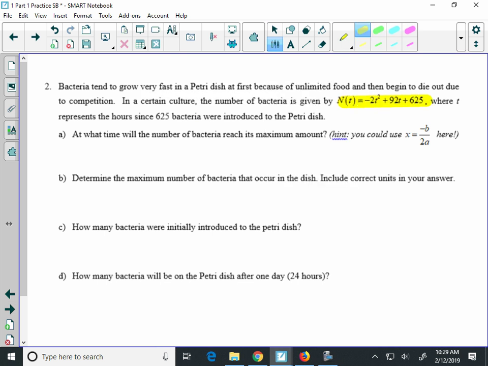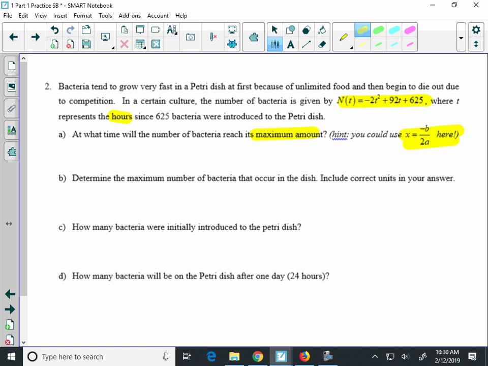This T is the number of hours since you start, and N is the number of bacteria. So it says, at what time will the bacteria reach the maximum? Remember, this lesson, part 1, is all algebraic. So we're going to use this formula to find the maximum amount. Okay, now, it says what time.